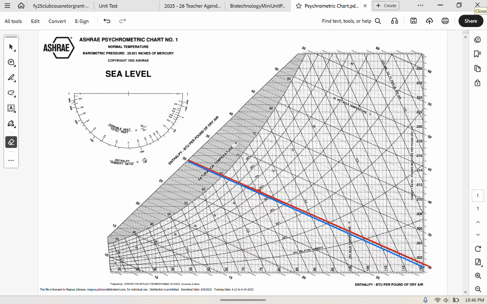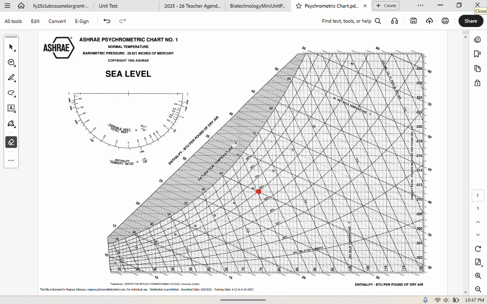I've drawn the 65-degree wet bulb temperature line right next to the 30 BTU per pound enthalpy line. With the enthalpy line in blue, you can see that these lines are almost exactly parallel, but they are actually just slightly off. The enthalpy of the air, that's essentially describing the total energy, internal energy that's actually contained within the air.